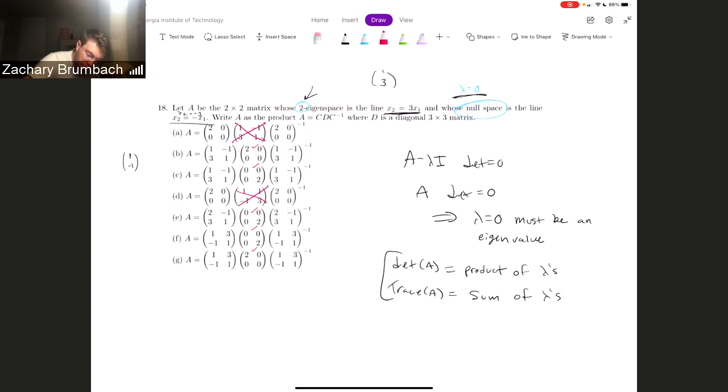All right, so let's go down this list now. Because remember that we have to have v1, v2 corresponding to lambda 1, lambda 2, right? And then C inverse over there. So for B, does the vector 1, 3 correspond to the eigenvalue of 2? Yes, it does.